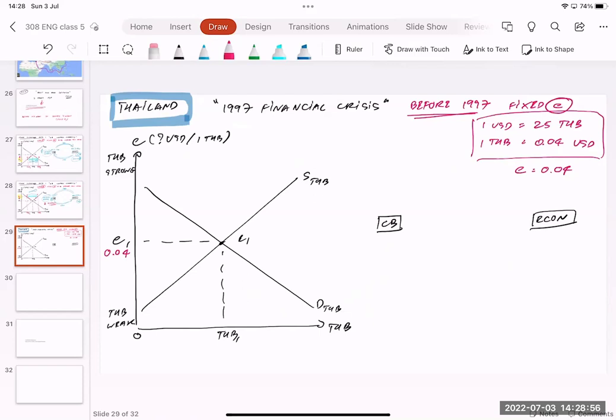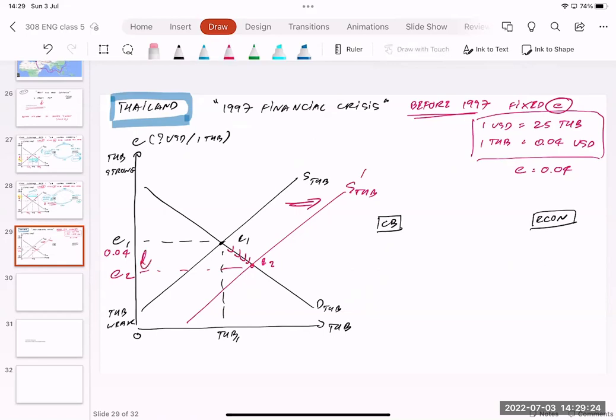As you learned, when money flows out from Thailand, they need to sell more Thai baht, so the supply of Thai baht shifts to the right. If you use a flexible exchange rate, when supply shifts to the right, the equilibrium point changes to E2 and the Thai baht should become weaker from E1 to E2.